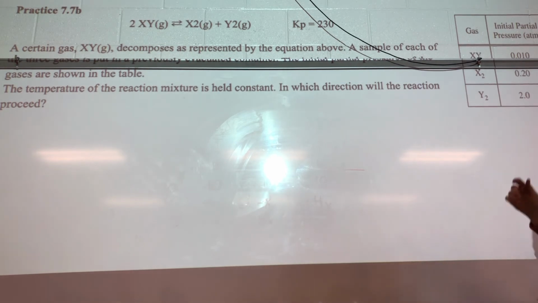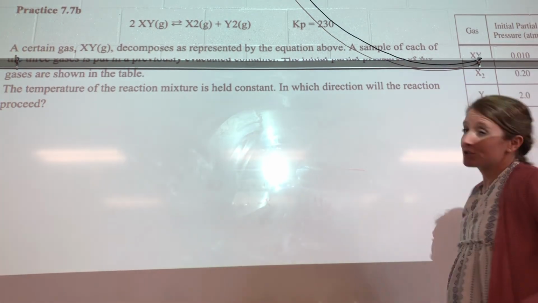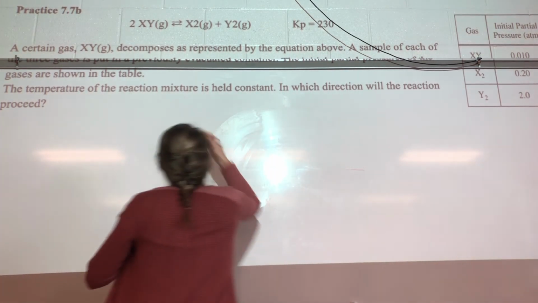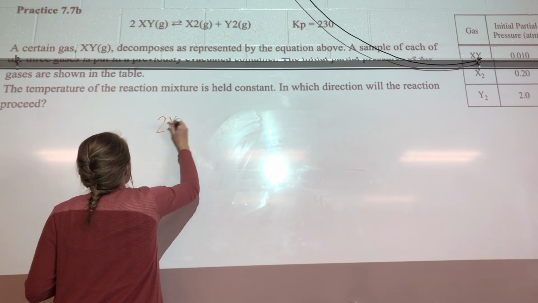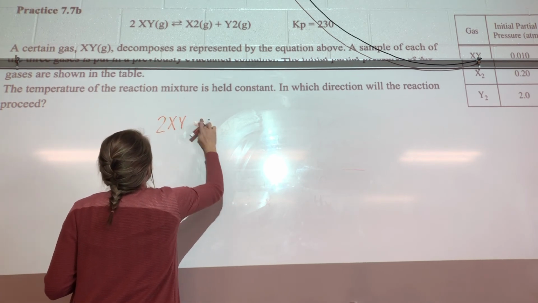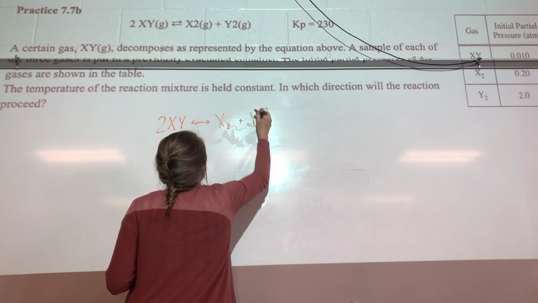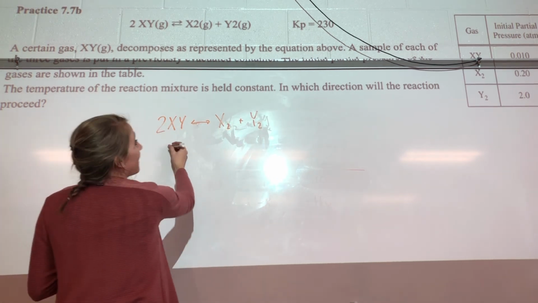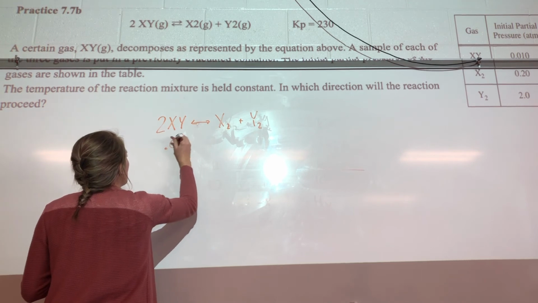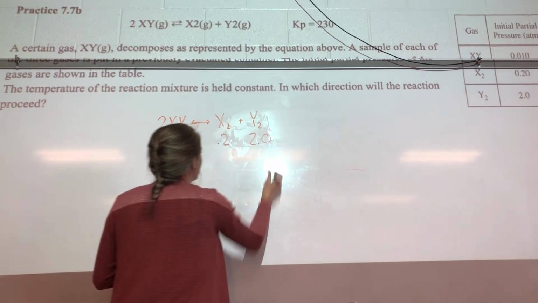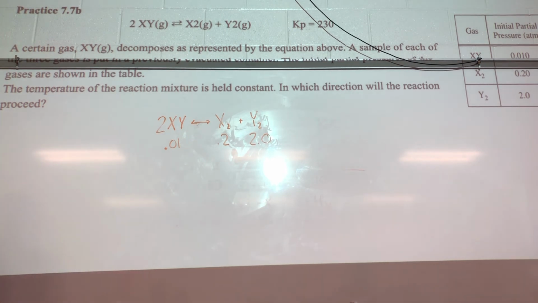Now the catch here is a lot of people would look at it and say, oh, 230, product favored, it's gonna go to the products. The catch is, if we throw in the initial values, this one is 0.01, this one is 0.2, that looks product favored to me already, right?